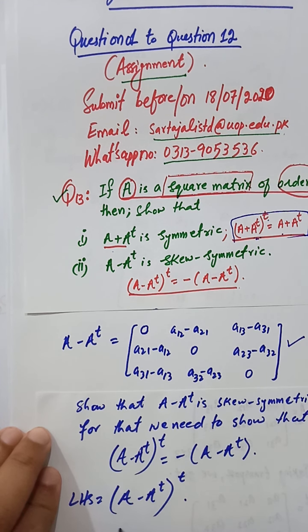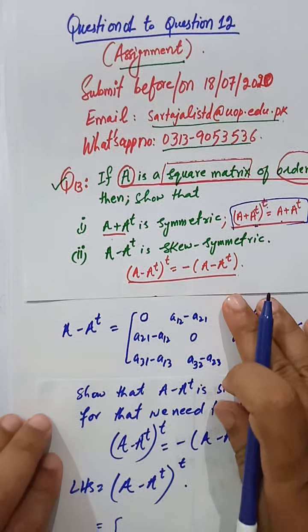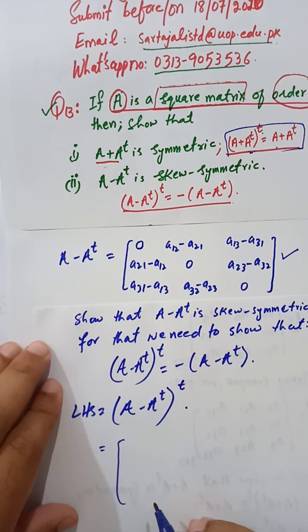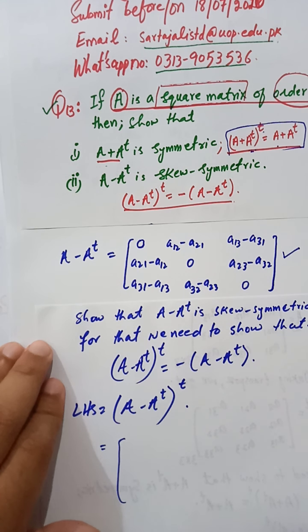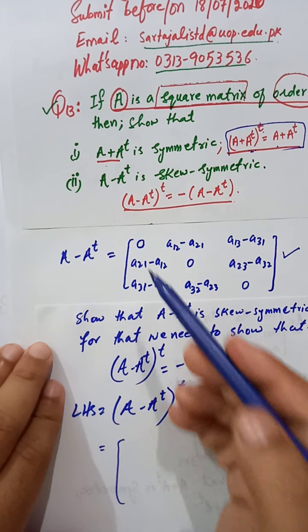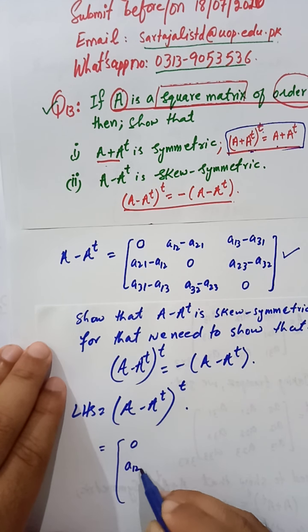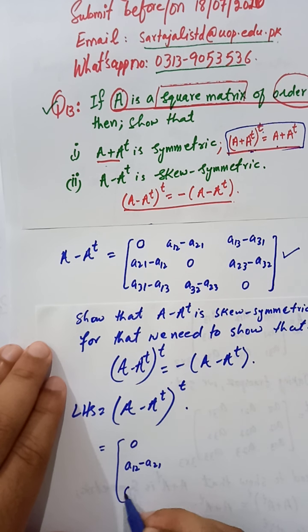So taking the transpose of that matrix, the rows will be converted into columns. You can also convert columns into rows, but I am converting rows into columns. So the first row is converted into first column, you see it, A31.